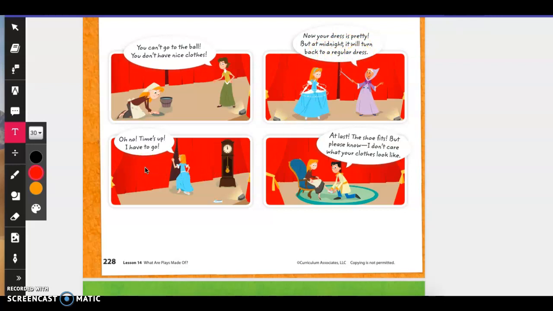In the third scene, or the third part of the play, she says, "Oh no, time's up, I have to go." And if we take a good look at the illustrations, we can see that the clock says midnight or 12 o'clock. And in the last scene of this play, we can see Cinderella with the prince. And he says, "At last, the shoe fits, but please know, I don't care what your clothes look like."